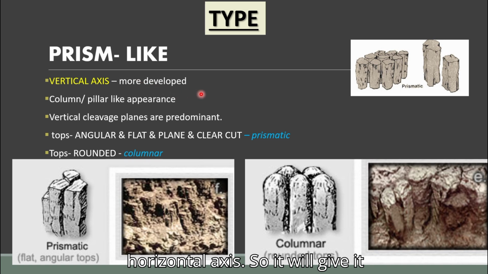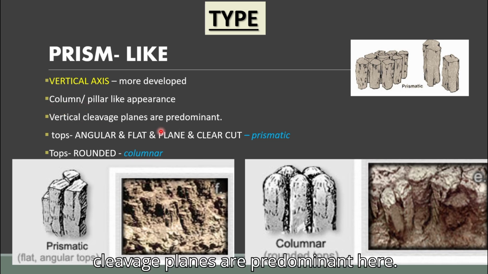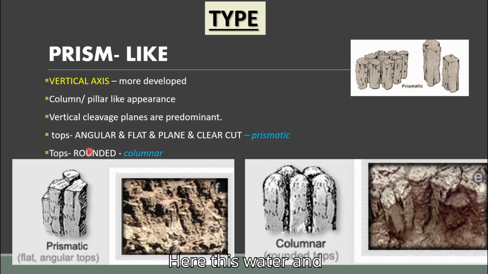So it will give it a column or pillar-like appearance. The vertical cleavage planes are predominant here. Water and air circulation will be very difficult. Drainage will also be very poor because of this characteristic structure.